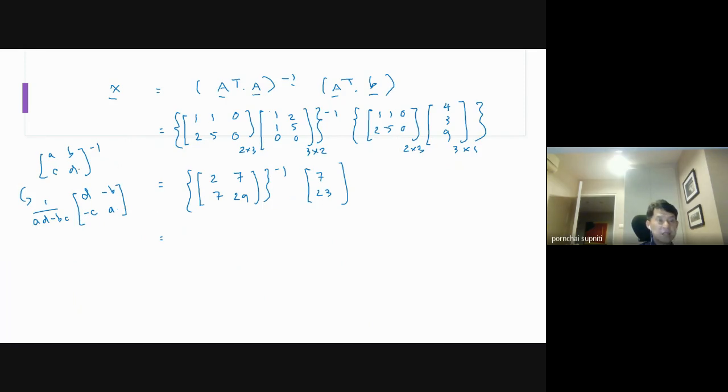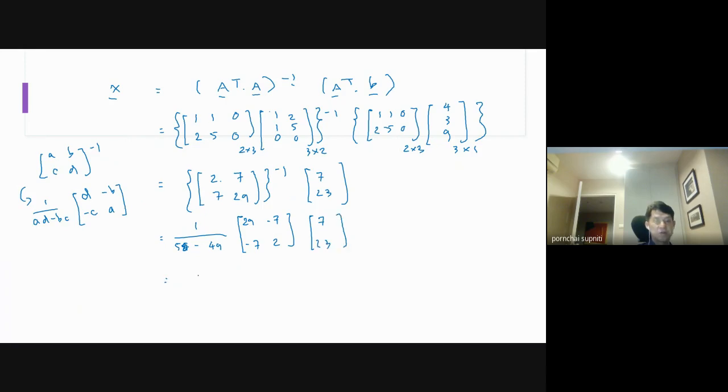So AD minus BC: we have 1 over AD, which is 58, minus 7 times 7, which is 49, right? And then in this matrix we switch A and D, we get 29 and 2, and put minus at B and C, we get minus 7 and minus 7, multiplied with 7 and 23, right?